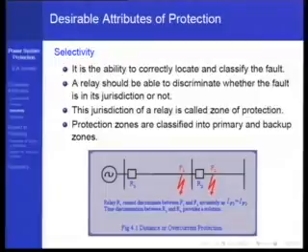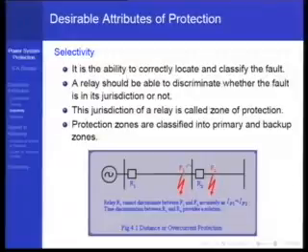On paper you may draw a box and say this is the zone of this relay and that is the zone of this other relay, but in practice, to provide that functionality is not very easy. There is a gray area where you are not able to properly distinguish whether the fault is on this side or that side of the bus, and that is an issue which we need to address.